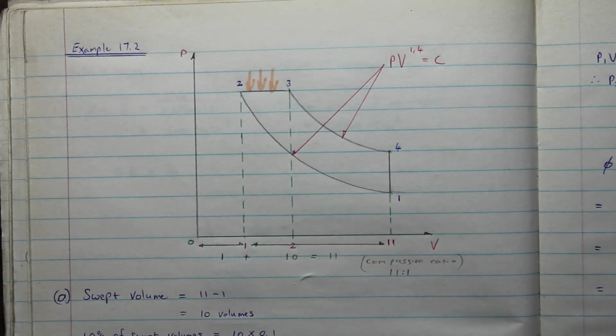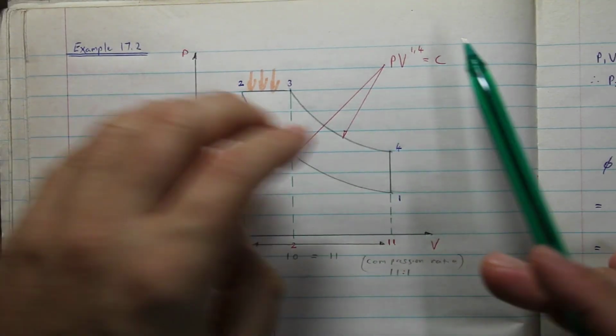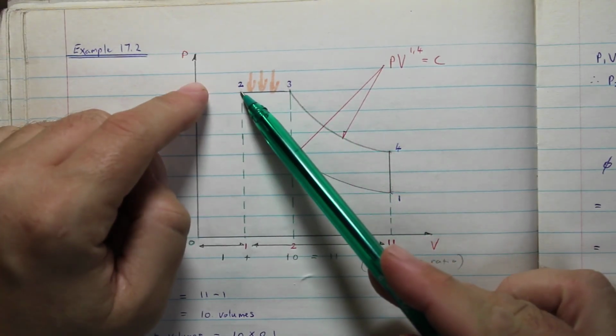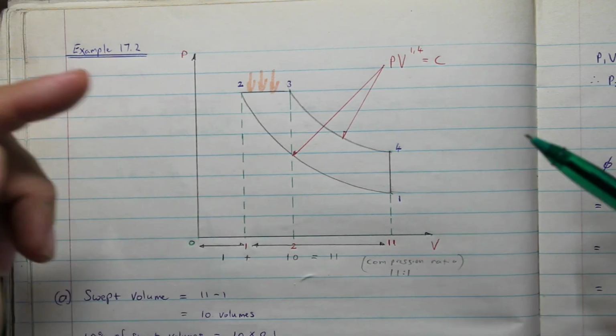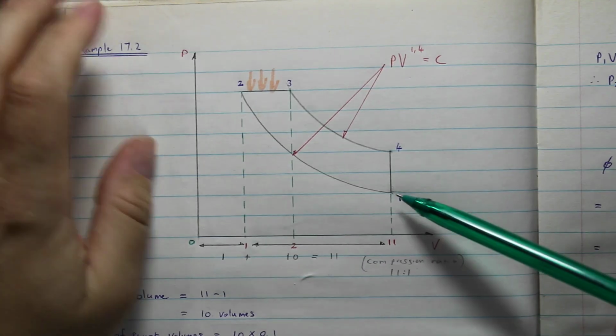Now we can't just say this area underneath this line, if you follow this line from 2 to 3 to 4, is the work done. That's the work out, but you also have to subtract the work in.